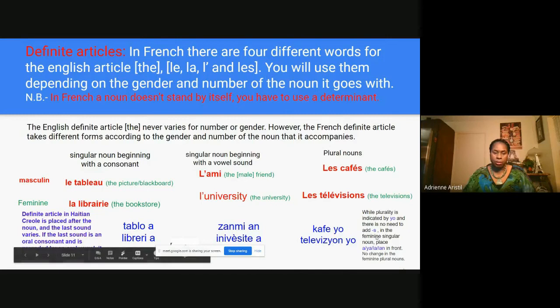This is Creole. For masculine singular, it is tableau a, for le tableau. Or for feminine, librairi a. You just put a after it. Zami a, masculine, université a.